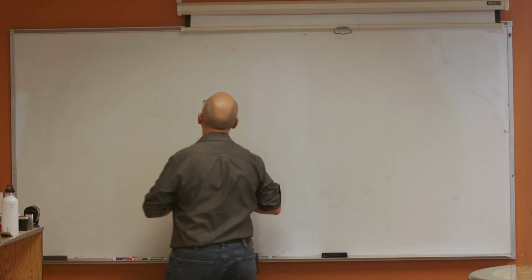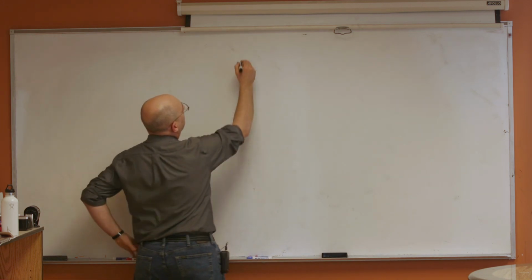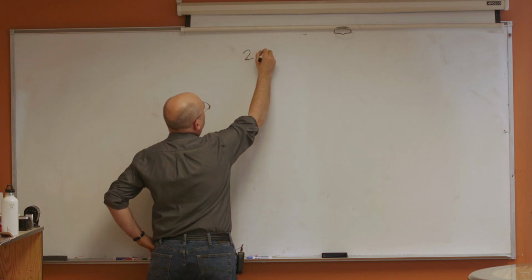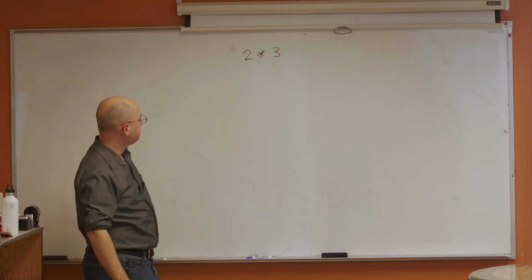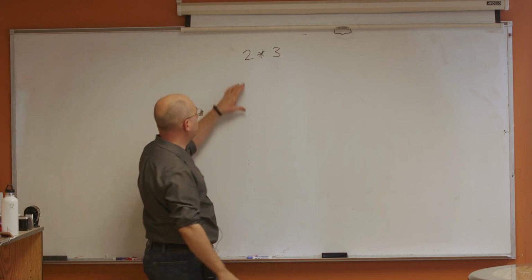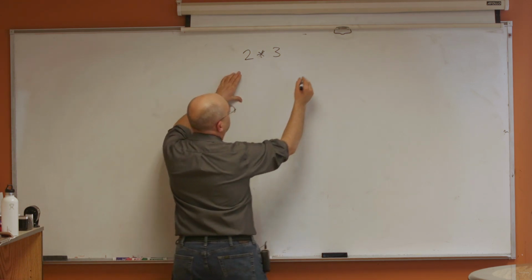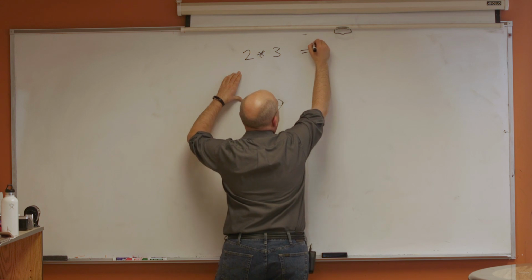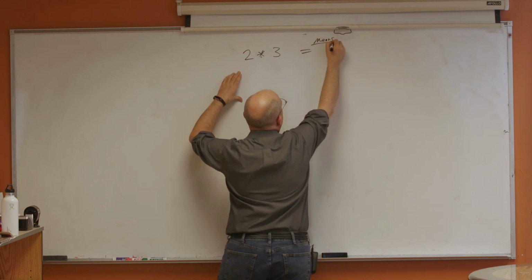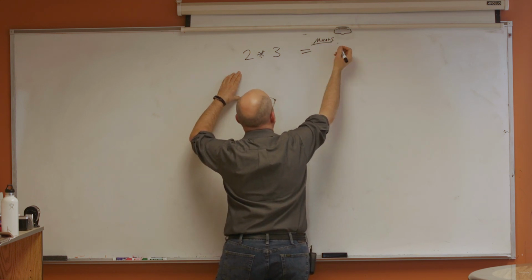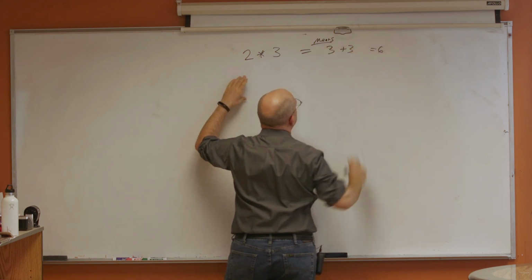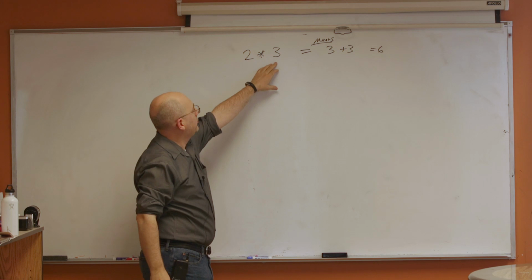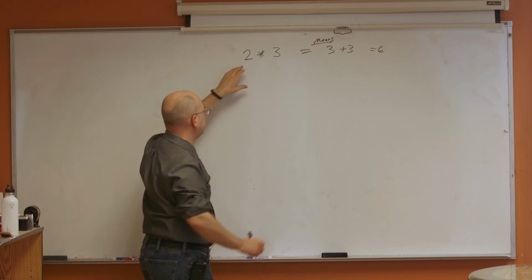So, everybody loves 2 times 3. Now, what this means is basically 3 plus 3. So I'm going to add 3 to itself twice.